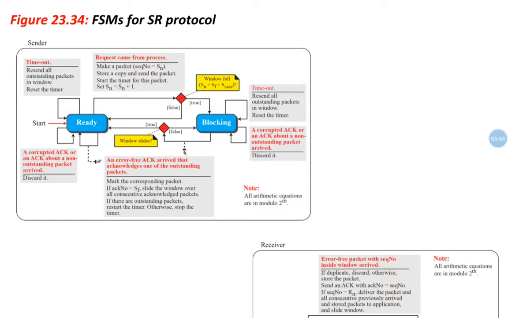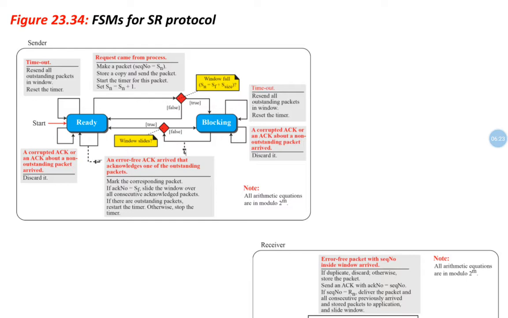Second one, if an error-free acknowledgement arrives with the acknowledgement number related to an outstanding packet, the packet is marked as acknowledged. If the acknowledgement number is equal to SF, the window slides to the right until the SF points to the first unacknowledged packet. If there are outstanding packets, the timer is restarted, otherwise the timer is stopped.